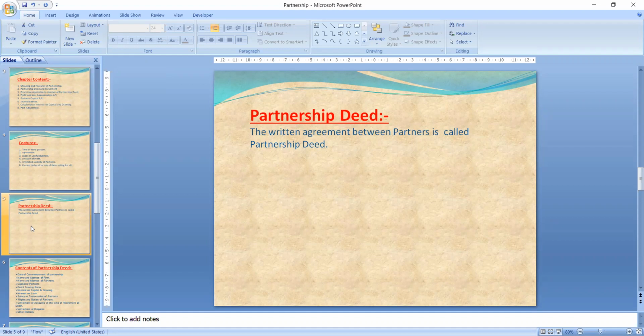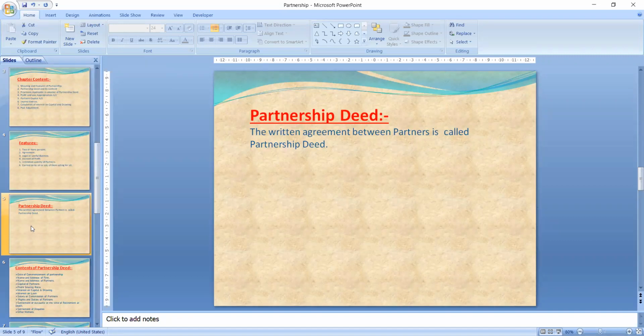Can you tell me why? Because it has all the agreements: the division of profit, the interest on capital, the interest on loans, everything. It is like an agreement that the partners drew up so as to avoid conflict.